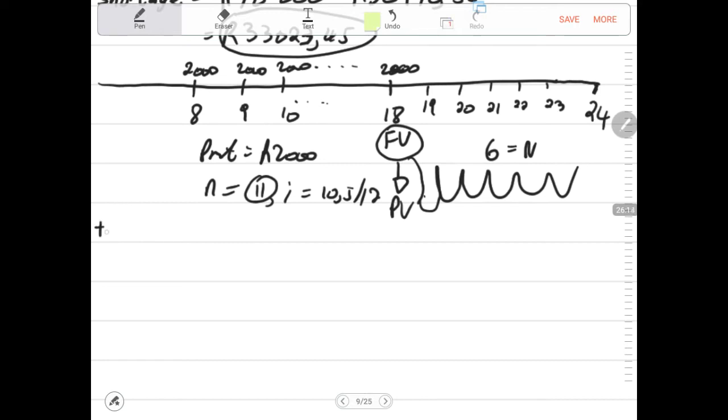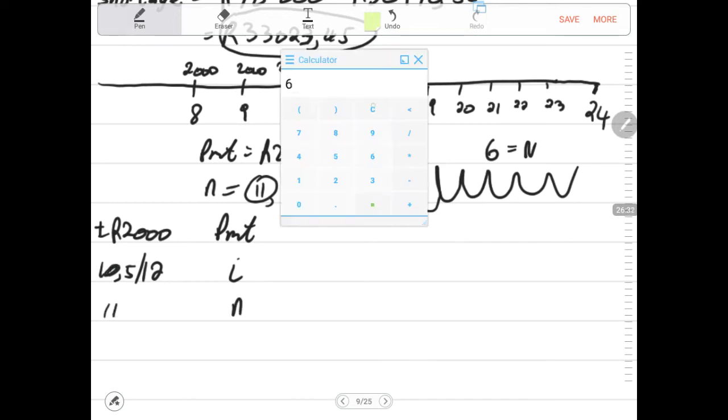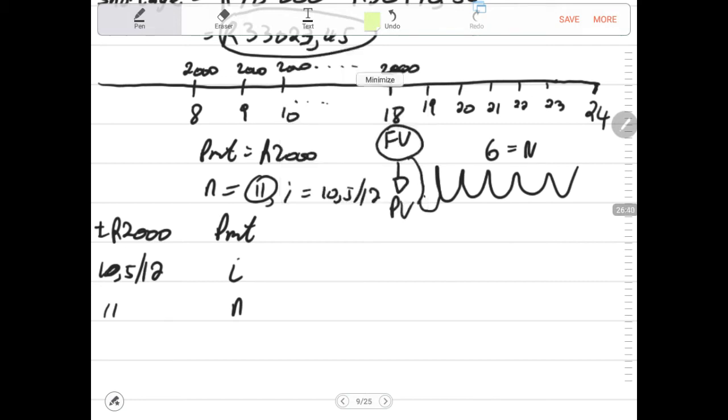Plus minus 2,000 is our PMT, our monthly payments, earning interest at 10.5% compounded monthly, so we divide by 12 because there are 12 months in a year. Then our N is 11, which is 18 minus 7, starting from month number 8. You can calculate with your fingers.